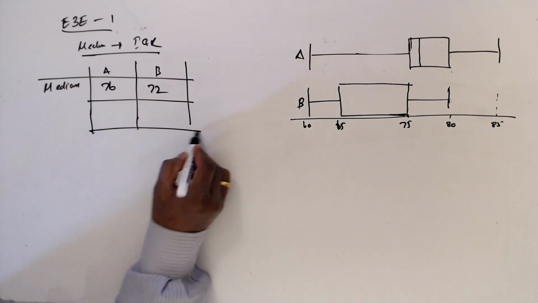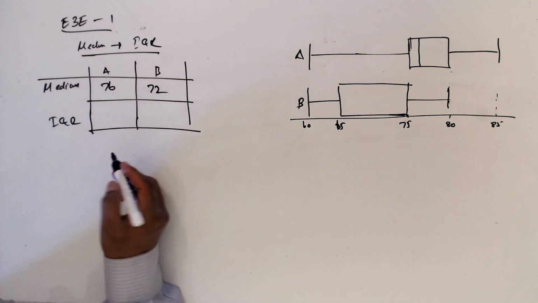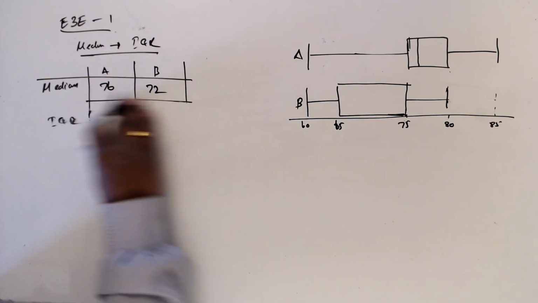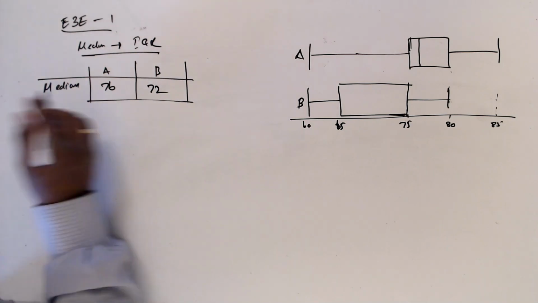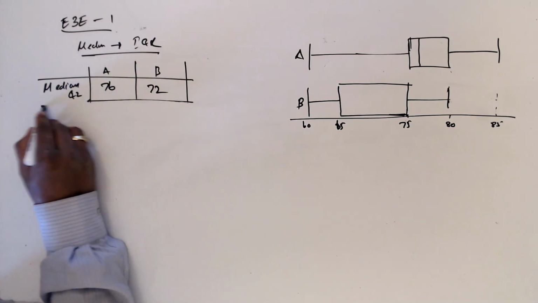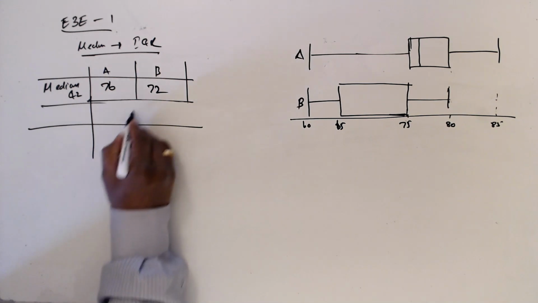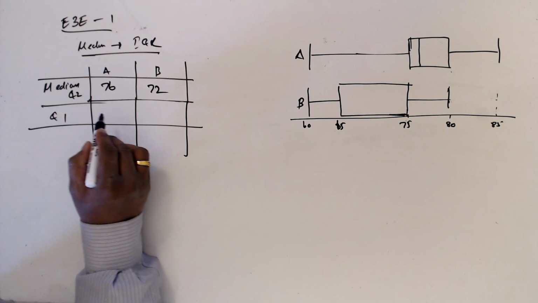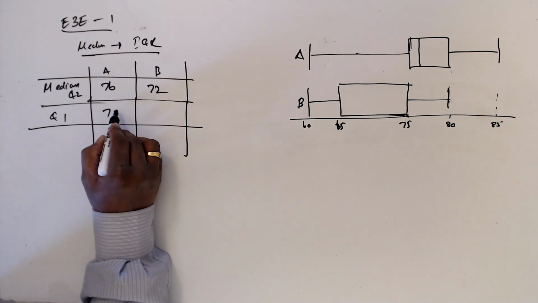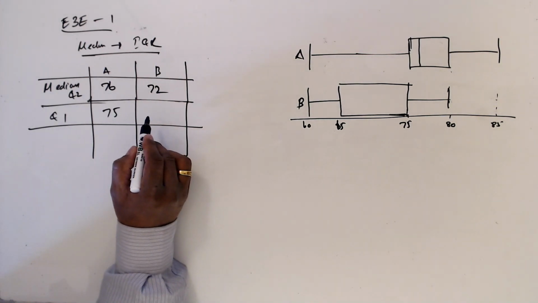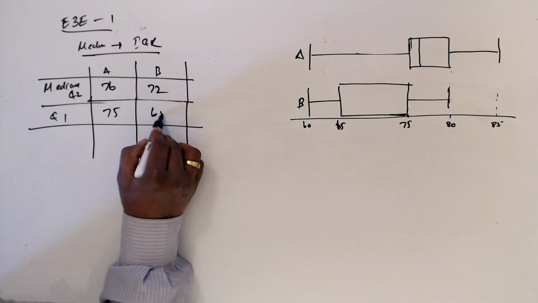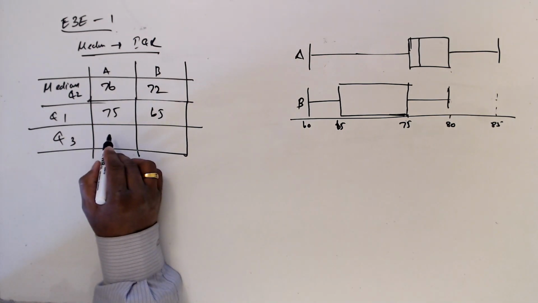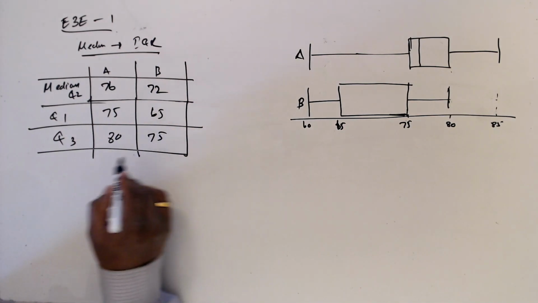And IQR, okay, I will stay with it like this. Median, Q2, then Q1 is 75 and 65, and Q3 is 80 and 75.